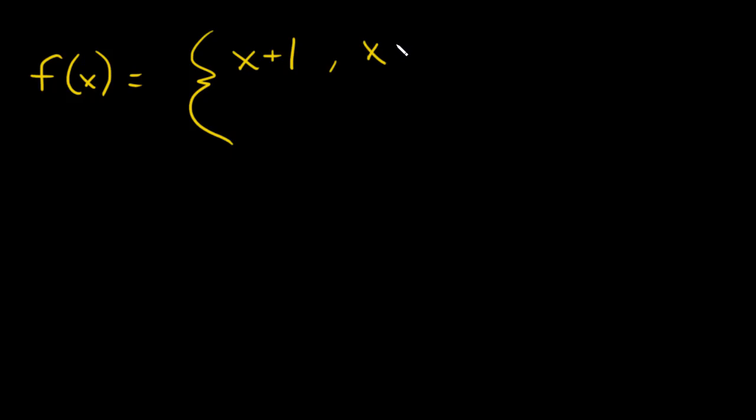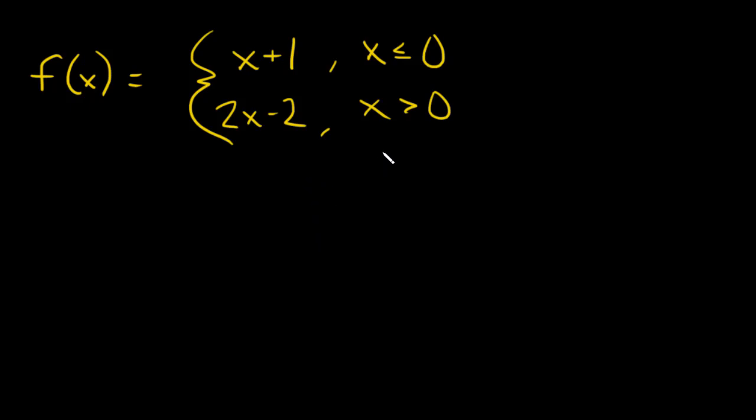So clear the board. Let's try f of x equals x plus 1 when x is less than or equal to 0, and maybe 2x minus 2 when x is greater than 0.